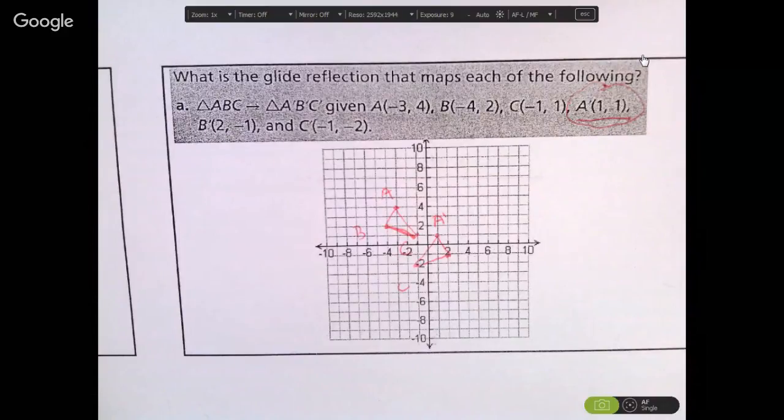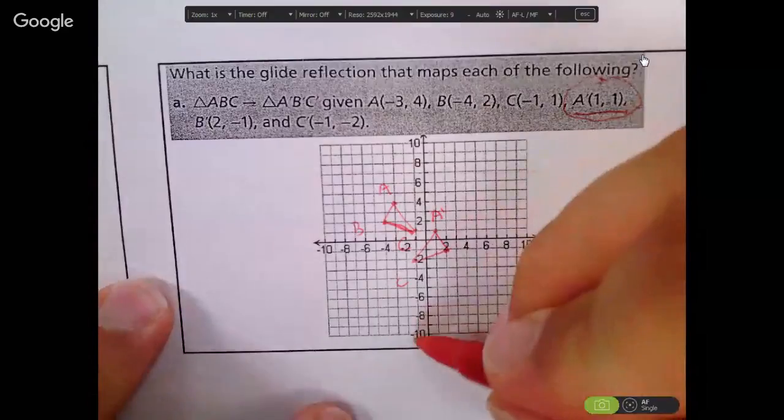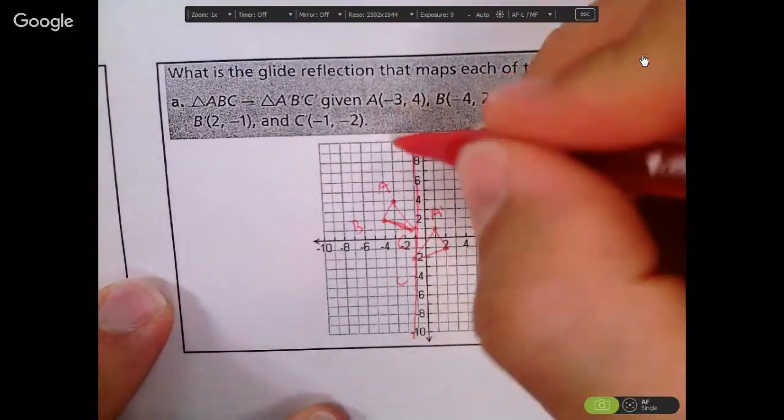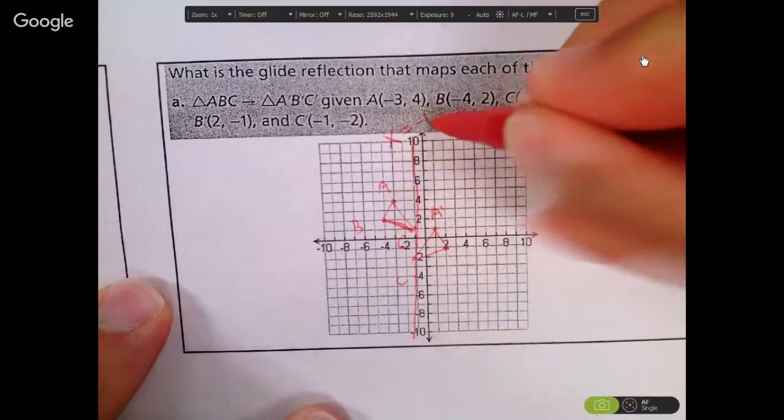And the second part is to then put it in the correct notation.